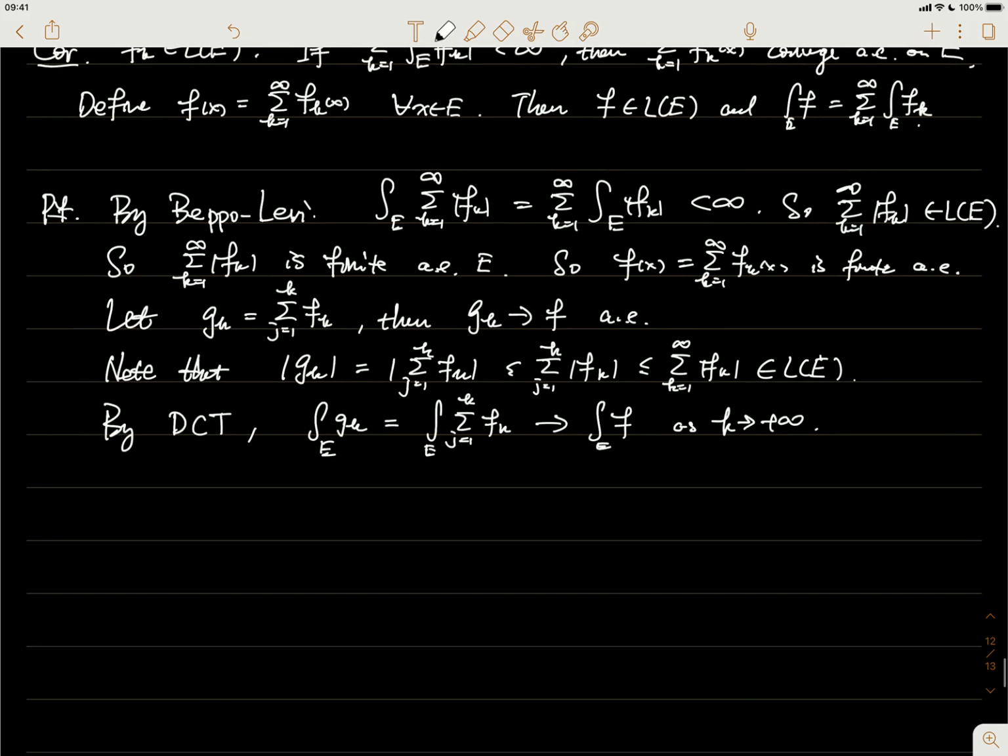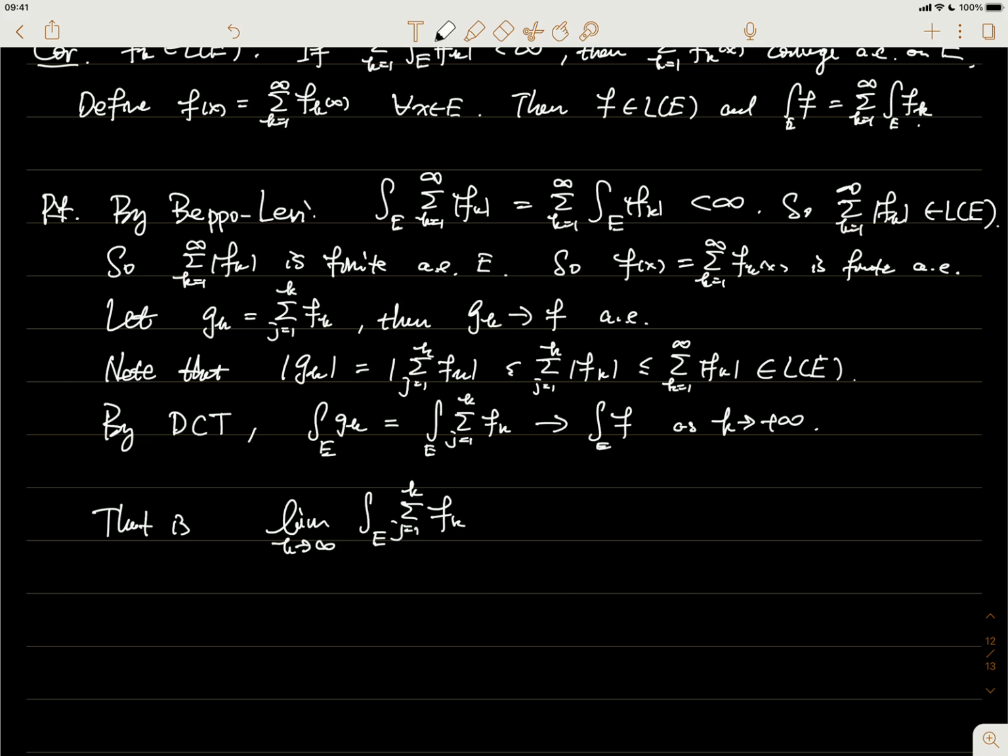Okay, and now let's see what this actually means. That means the left-hand side is the limit as k goes to positive infinity of the integral of this partial sum.